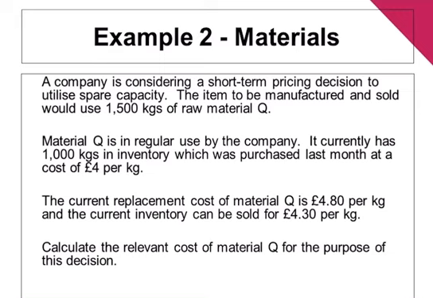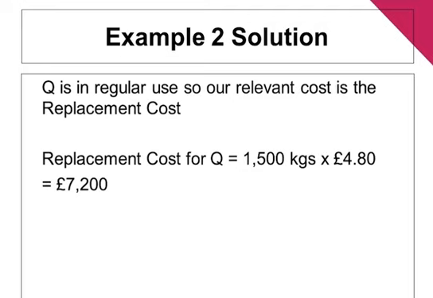Again, we need 1,500 kilograms. We've got 1,000 in stock, and it was purchased last month at £4. And then we've got the replacement cost of £4.80. What's the relevant cost? Well, amazingly enough, it is exactly what it would cost to replace. Not what it currently costs, not what you've got it valued at in stock, exactly what it would cost to replace.